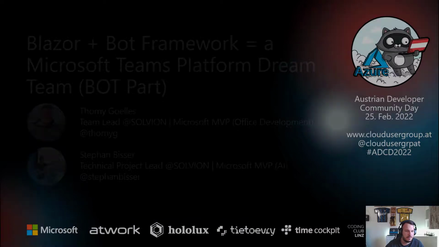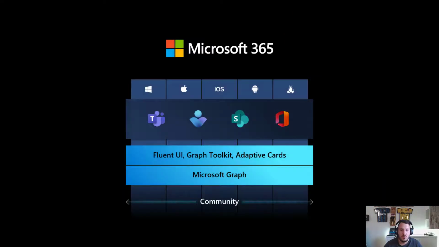So let's start off. First, what is the Teams platform and how does it fit into Microsoft 365? As you might know, Microsoft 365 consists of a whole lot of opportunities, platforms, products, services, and whatnot.